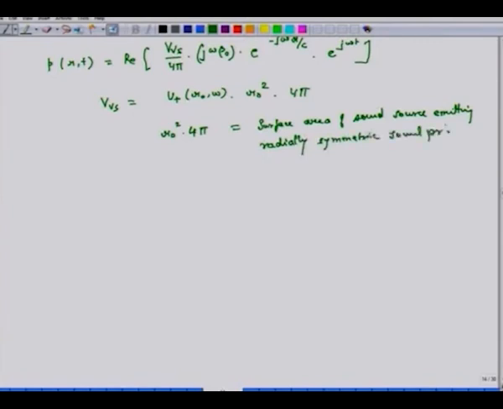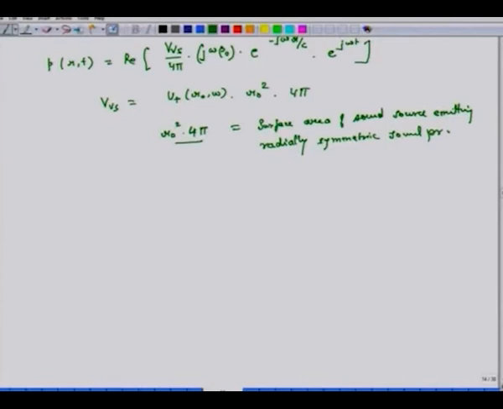So, if I have a sound source and let us say its radius is r naught, and it is generating this sound which is radially symmetric, then that is the surface area which is emitting sound. I multiply that by velocity and that gives me volume velocity.